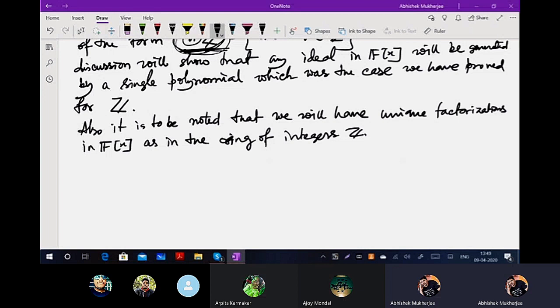Every integer can be expressed as a product of powers of primes. Right?